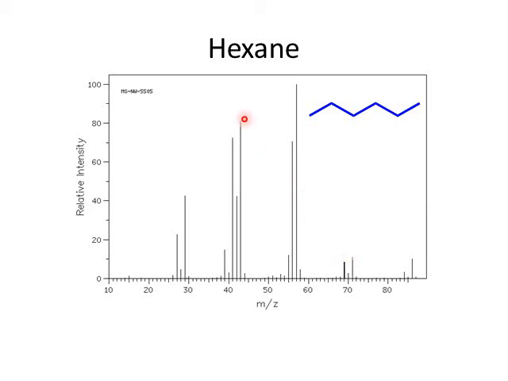This peak here at 43, I could account for by breaking this bond, because if I broke that bond, I'd get a fragment of a molecule that was exactly half the mass of our initial molecular weight, and that would be 43. This here at 29 is breaking this and looking at this fragment, and there's a tiny little blip there at 15 for breaking one of these carbon-carbon bonds and looking at that fragment.